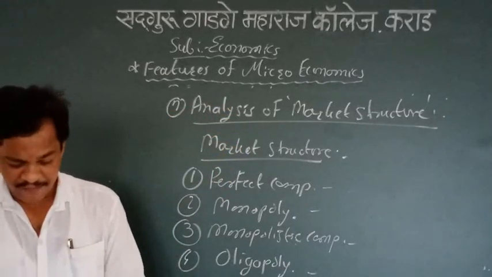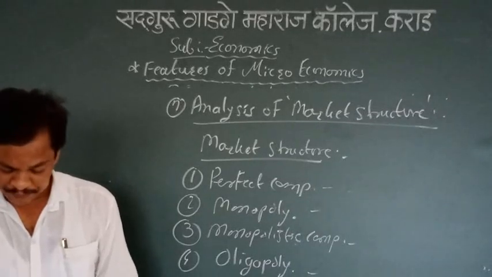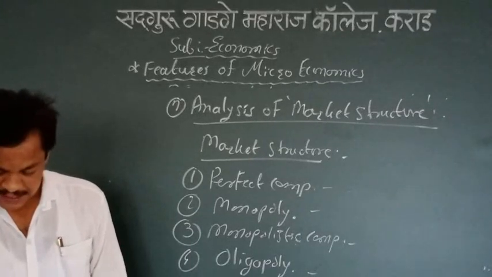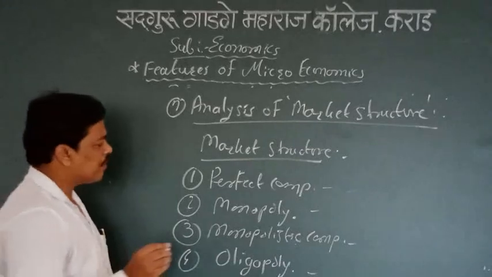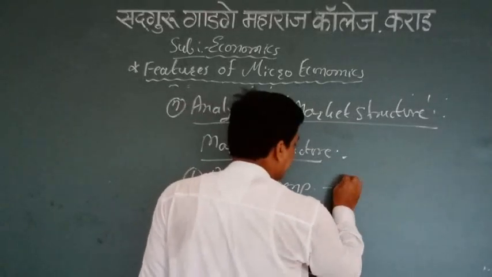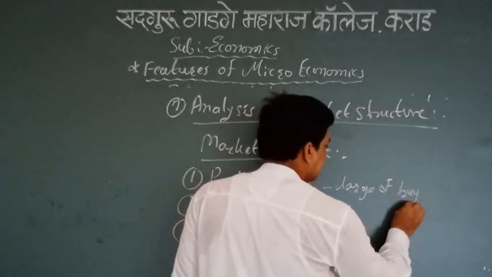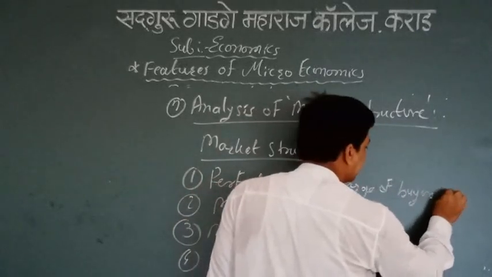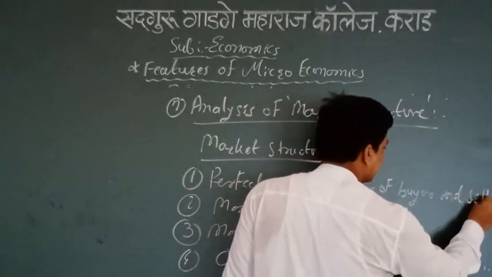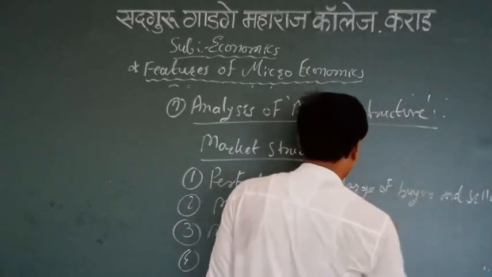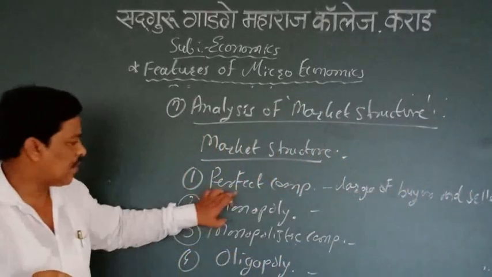First, perfect competition. There are a large number of buyers and sellers in this market. This is one feature of perfect competition.